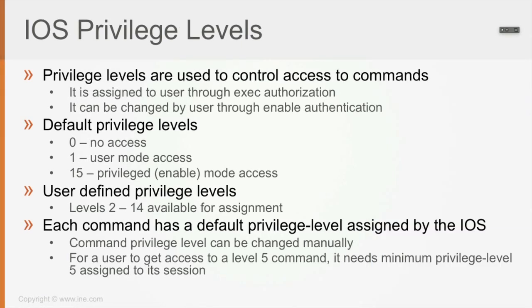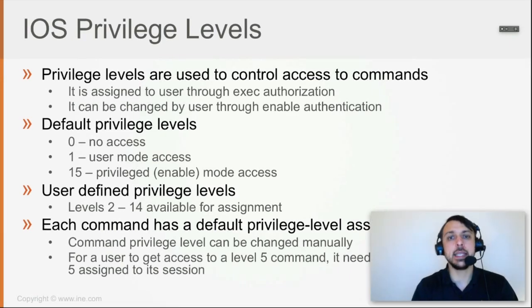Now, for example, for a user to get access to a level 5 command, which by default has no command associated with level 5, but let's assume there's a command which has a privilege level of 5 assigned, then for the user to get access to that command, it needs a minimum privilege level of 5 assigned to its session.